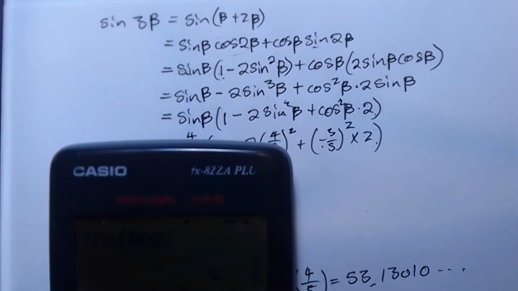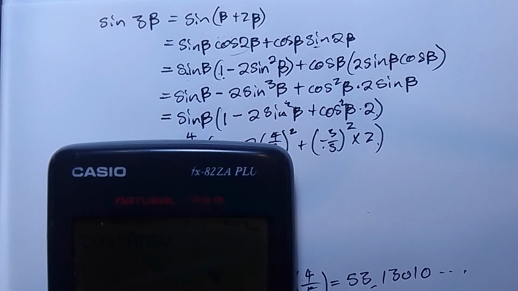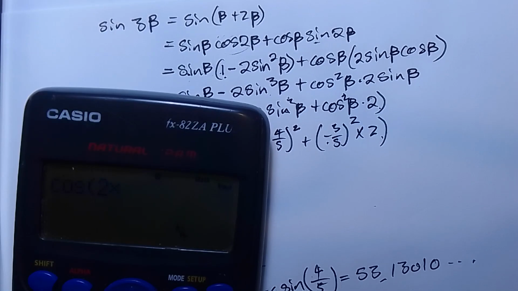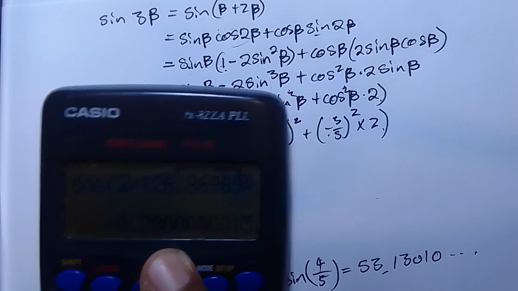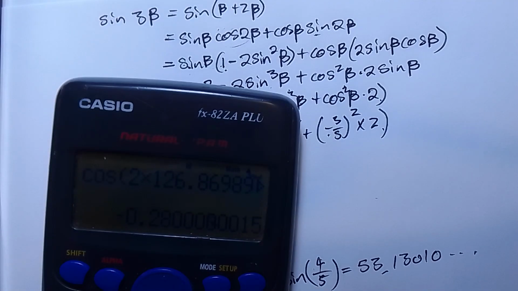And if you do this for all the other ones, so the second one was cos 2 times beta, and beta is 126,869,8976. So you're getting something with commas now. I'm getting negative 0,28.